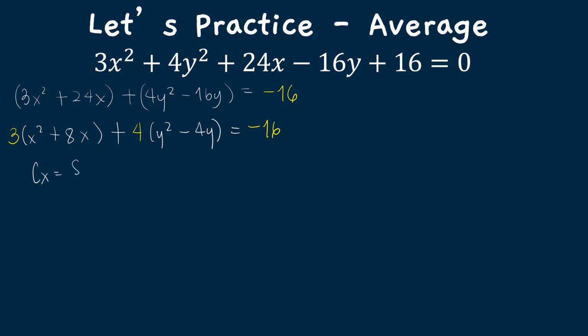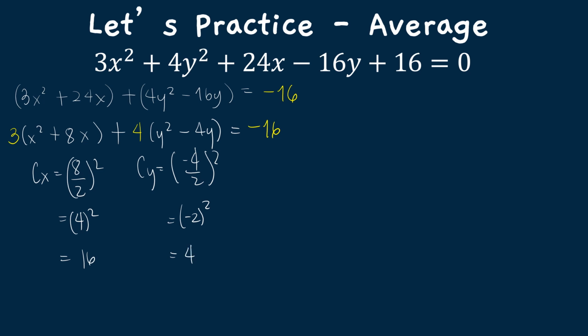It would be 8 divided by 2 squared, plus c sub y is equal to negative 4 divided by 2 squared. That will result into 4 squared, and that will result into negative 2 squared. That's 16, and this is 4. That constant should be added to the respective variable.